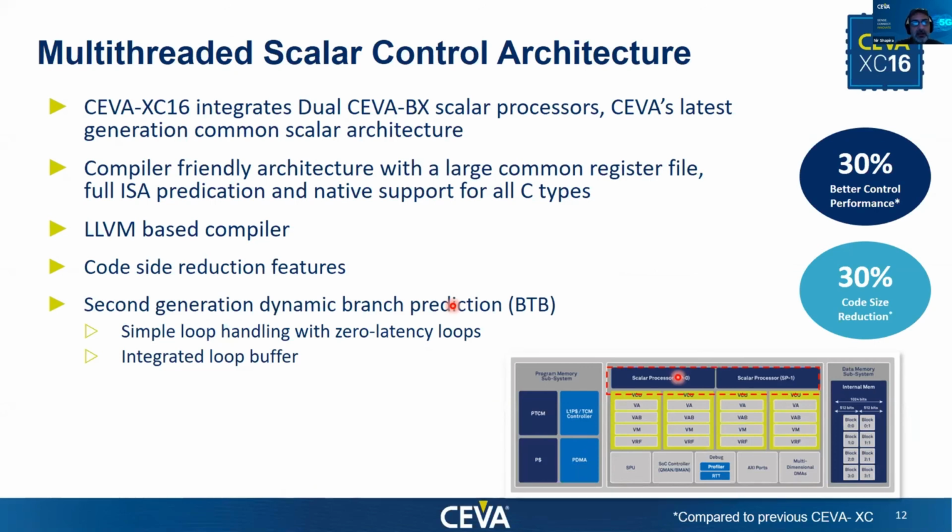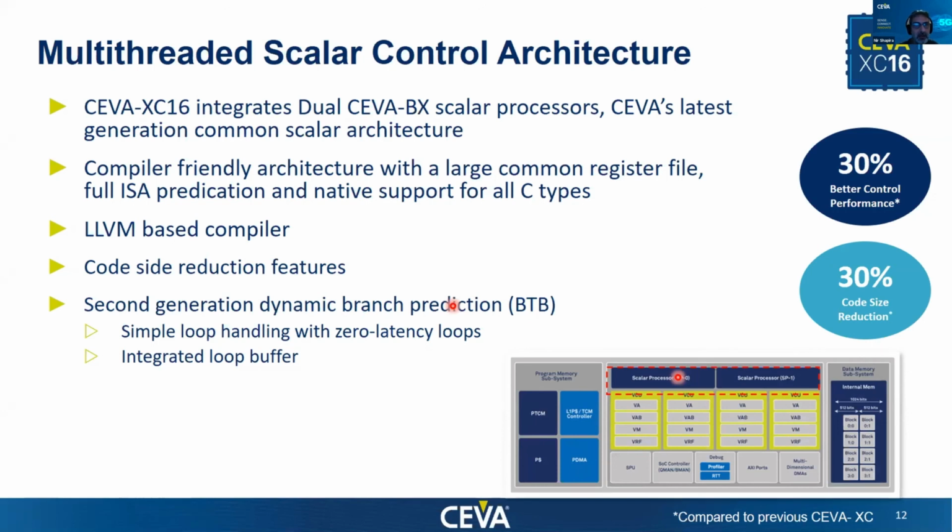If we go back to the scalar processors that actually do this multicore, multi-thread operation, the XC16 integrates dual CEVA-BX scalar processors, which is our latest generation common scalar architecture. So this is a very compiler-friendly architecture with a large common register file, full ISA predication, and native support for all C types.